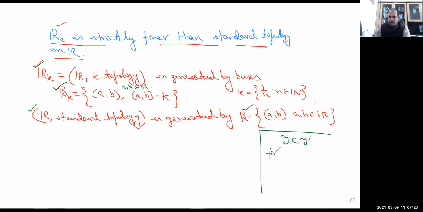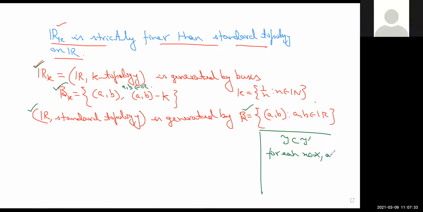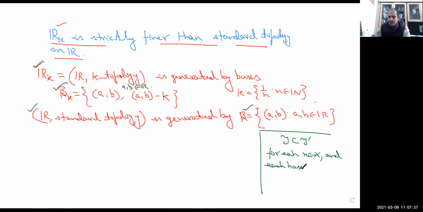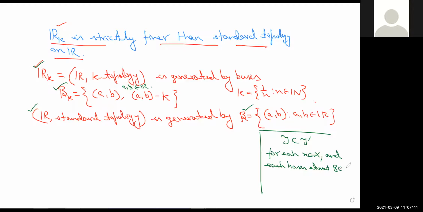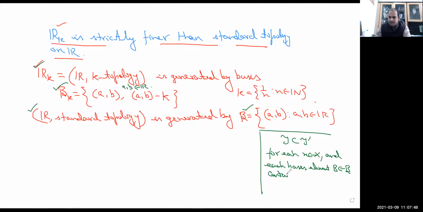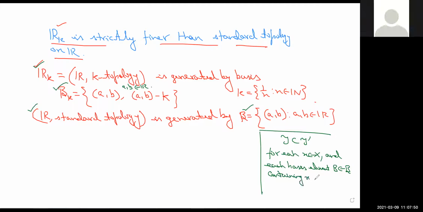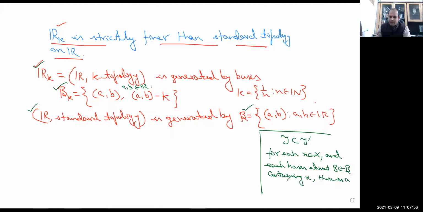We need to show that for each x belonging to X and each basis element B belonging to T dash, B containing x, there is a basis element B dash, there is at least one basis element.